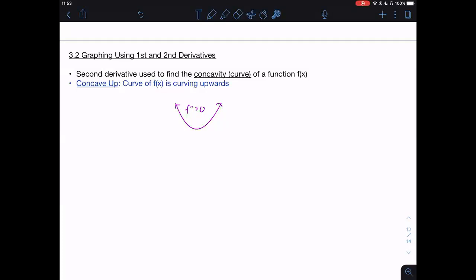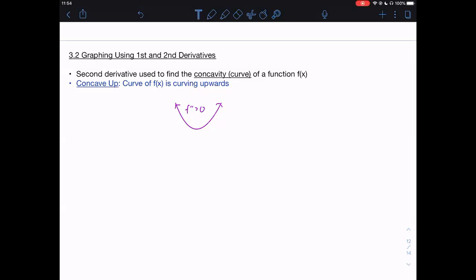So if our second derivative is positive, that means the slope of our function is heading towards positive infinity. It's heading towards increasing values. Our slope has started to increase. In that case, when we have an upwards type of curve, we say our function is concave up, upwards concavity.